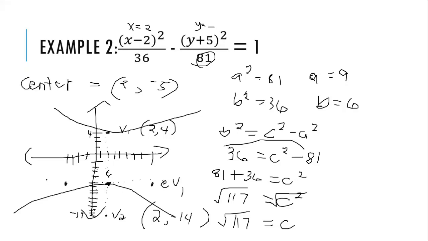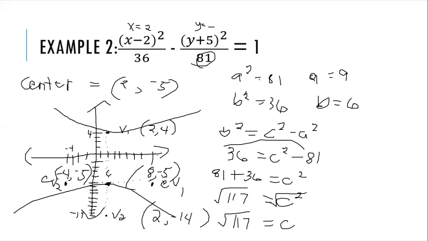So covertex 2. Our covertex 2 is negative 4, and then negative 5. Our covertex 1, 1, 2, 3, 4, 5, 6, 7, 8. So positive 8, negative 5.